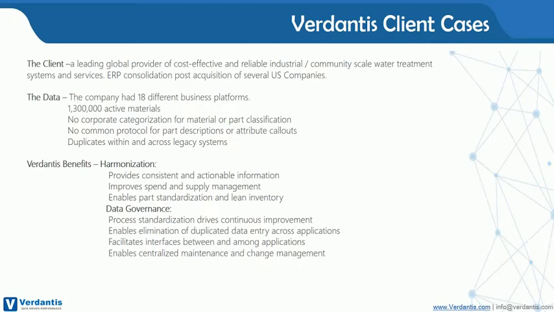Of the benefits that they derived on the initial implementation were to go through a harmonization process and collapse that 1.3 million SKUs to provide consistent and actionable information from their parts and materials data, which improved their spend and supply management information, and just as importantly, enabled part standardization and the beginning of a lean inventory practice.